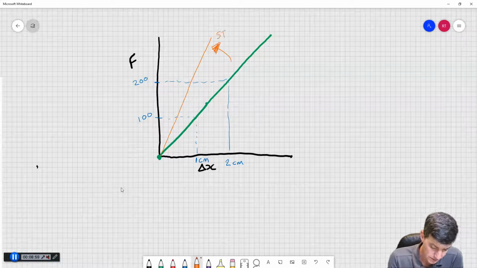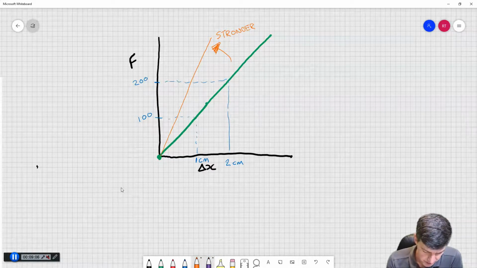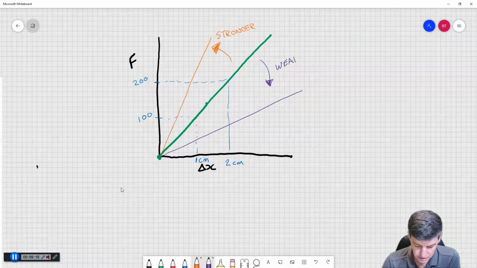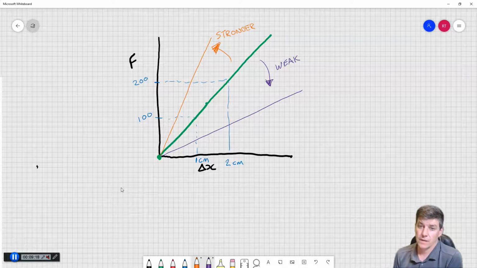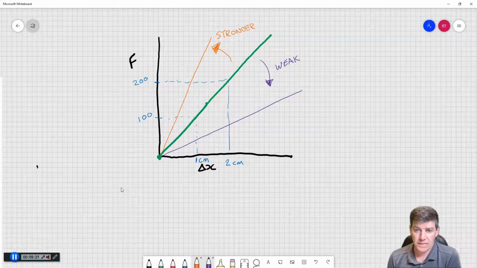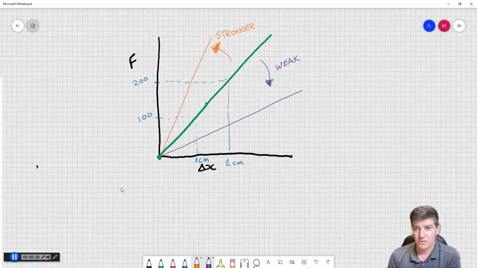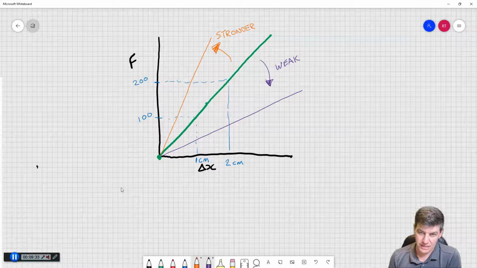So that's a stronger spring. And if we had a weaker spring, it would stretch a larger distance with less force being added. So this is my weaker spring. So what it tells me is that something to do with the angle of that line is going to indicate what is the strength, or how stiff is that spring.